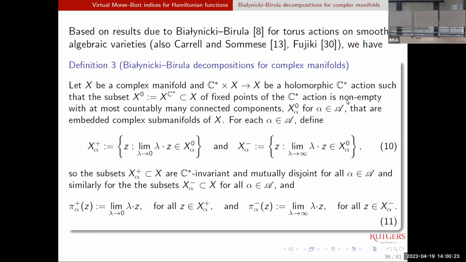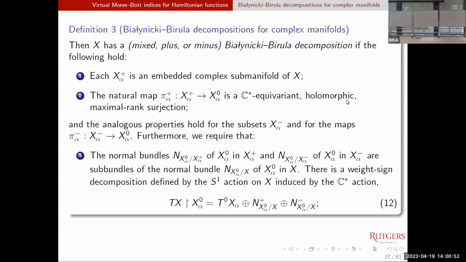From this point of view, it began with Bialynicki-Birula in the 1970s. Mostly in the case of smooth space. And some of our work has been to extend that into singular spaces. All right, so that's all I will say.